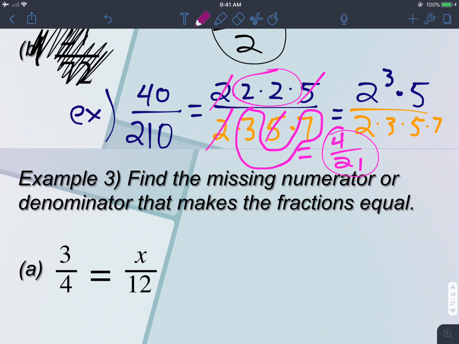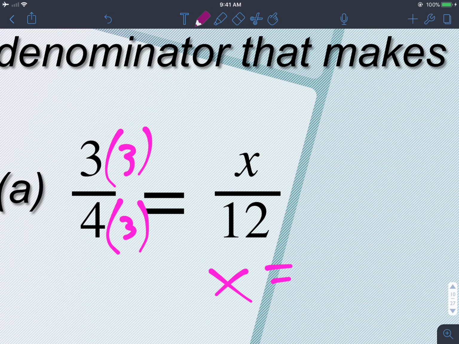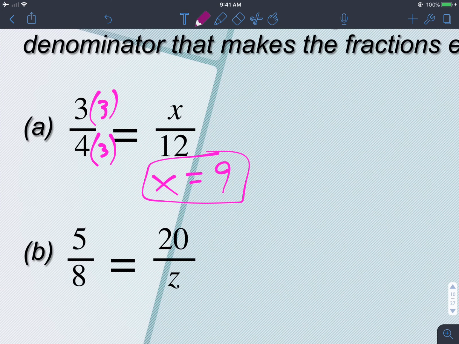So what you do to the top, you have to do to the bottom. I think that x will be equal to 3 times 3. Don't add. Right. So that's how you do that. You notice how the same rules apply. How about b? B is equal to.